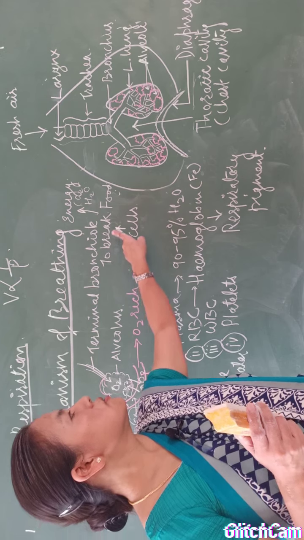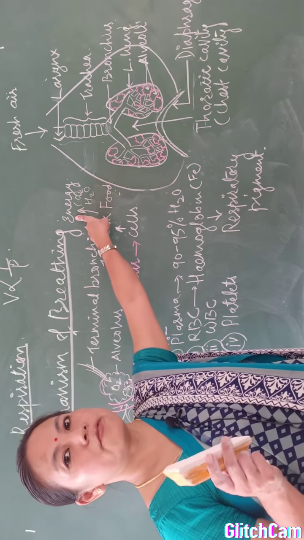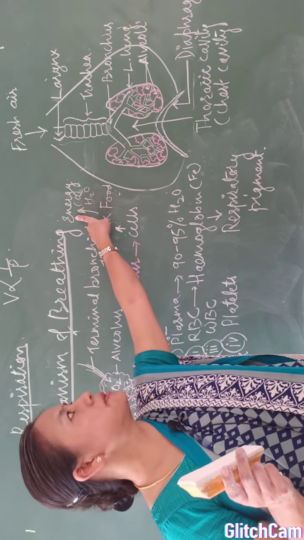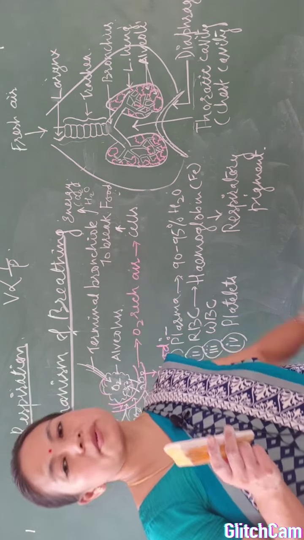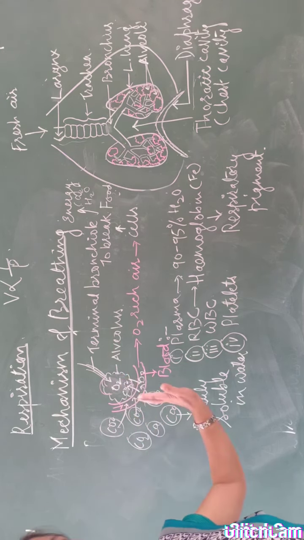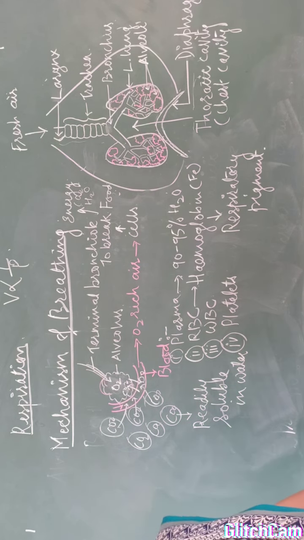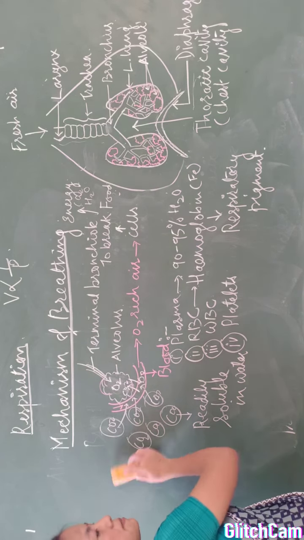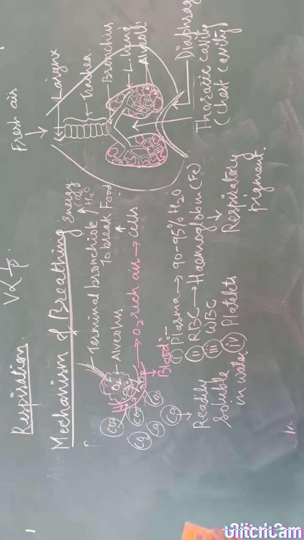During the breakdown, energy in the form of ATP is generated along with carbon dioxide and water. Again this carbon dioxide accumulates in the cells, diffuses into the capillaries, and the same process occurs. This way the breathing cycle repeats. This is how the mechanism of breathing is accomplished in our respiratory system.